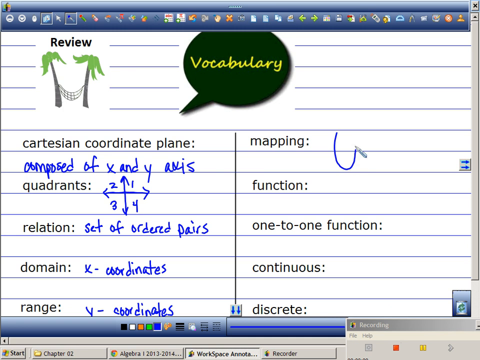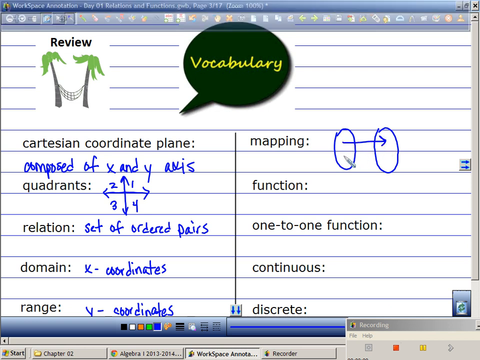A mapping would be exactly what we were talking about kind of when you first came into class, our discussion. A mapping. That's what we were talking about before.